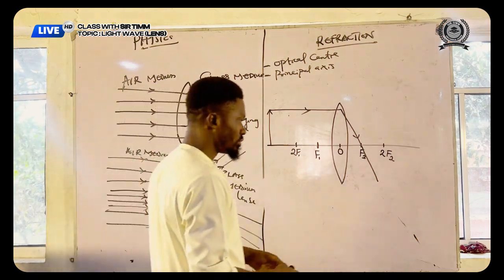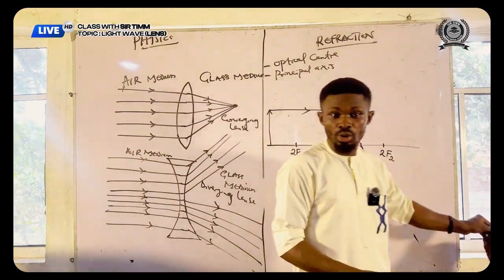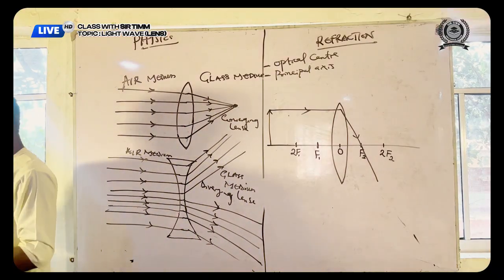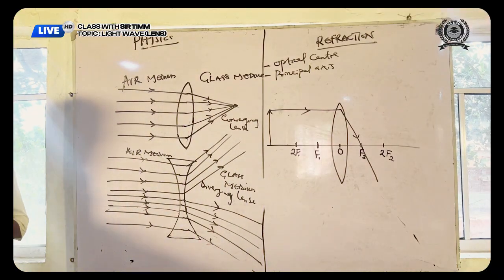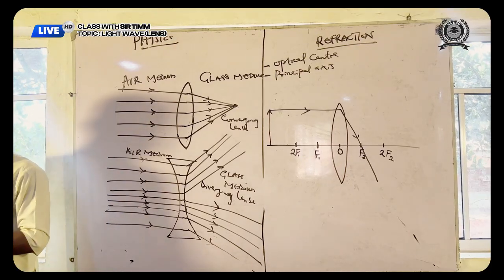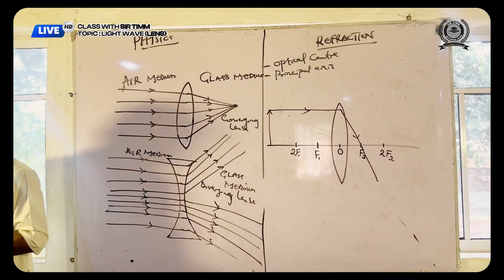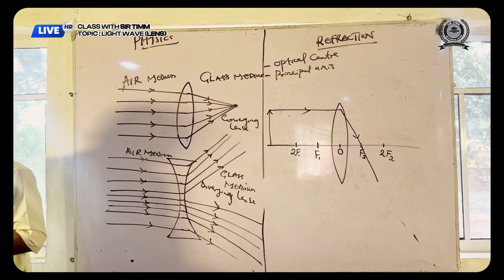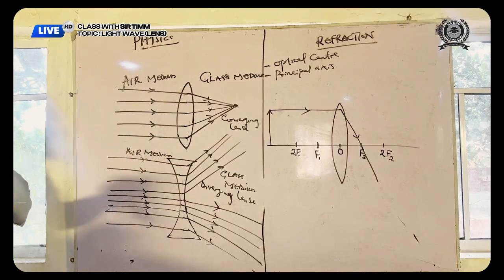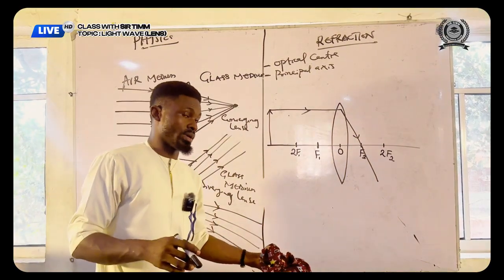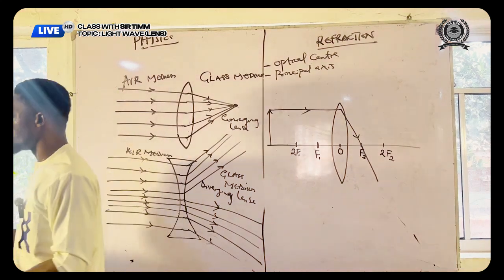I'm wiping it off to give you rule 2. Please be faster about it so that the class will not be too long. You have to note these rules, because these rules will help you in the journey of image formation of a converging lens, whether converging or diverging.